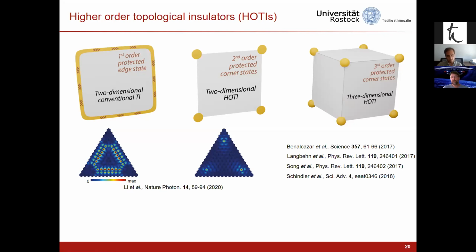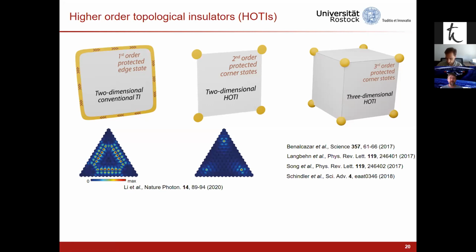And then higher order topological insulators means that the edge states have at least 2 dimensions less than the system. For example, in a 2-dimensional higher order topological insulator, the edge states are 0-dimensional. Now, in the third order topological insulator, it's a three-dimensional system, and you also have these corner states, which are only zero-dimensional.